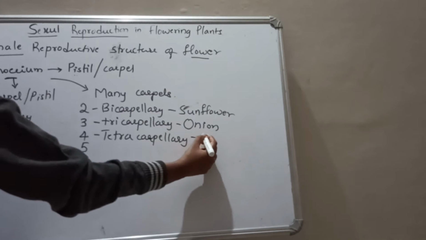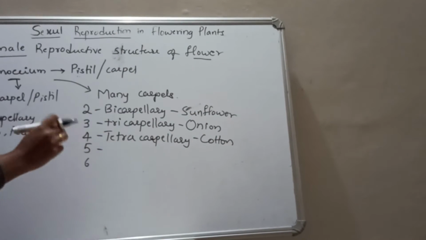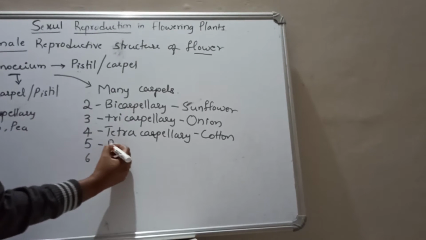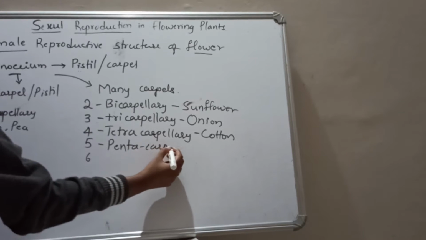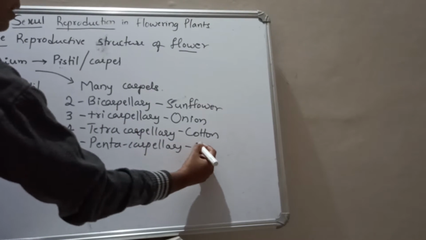For example, cotton. And if the gynoecium is made up of 5 carpels, that is called pentacarpellary. For example, hibiscus.